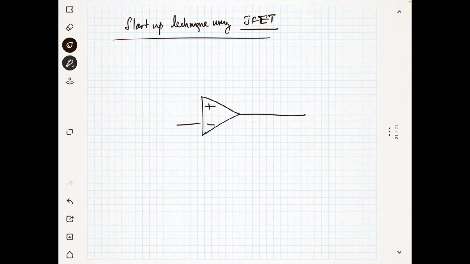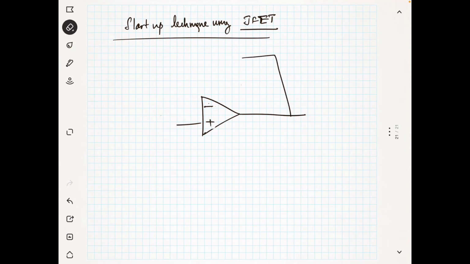What to do with this RC network? This RC network is in positive feedback connection, okay, it is in positive feedback connection. So I will just draw like this, minus and plus.